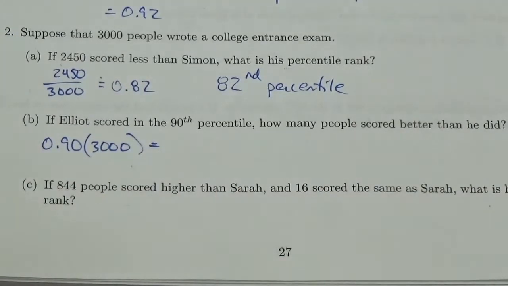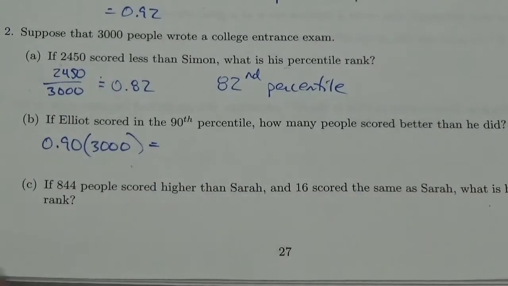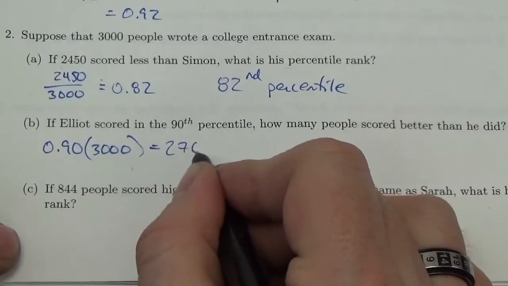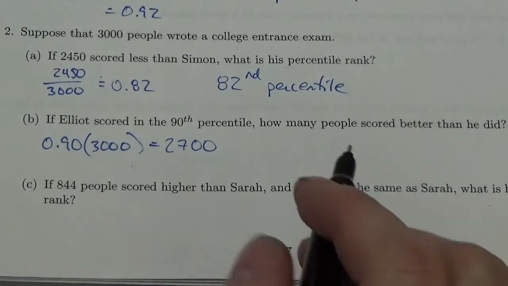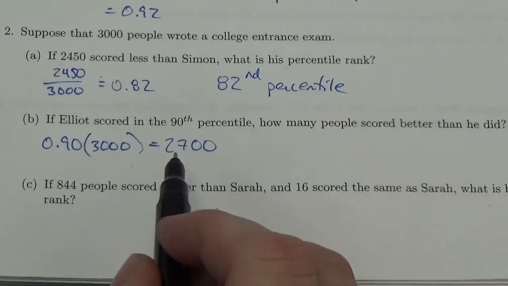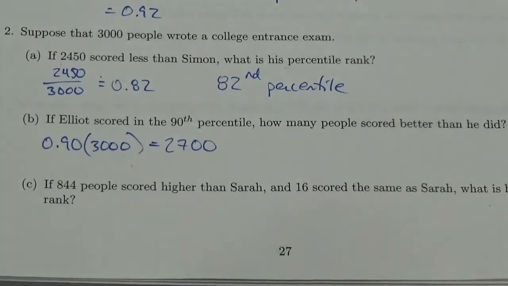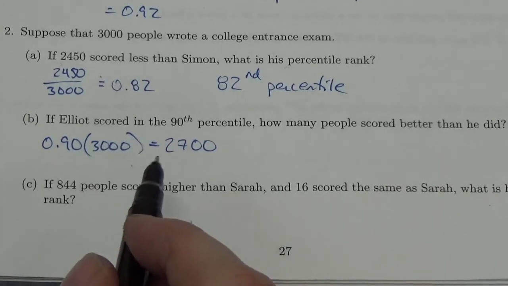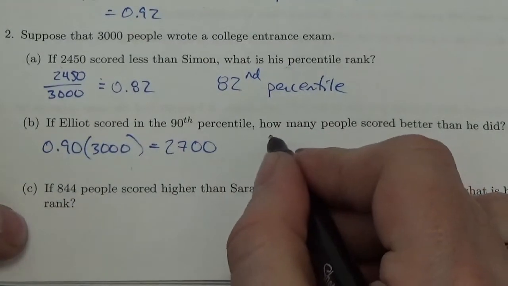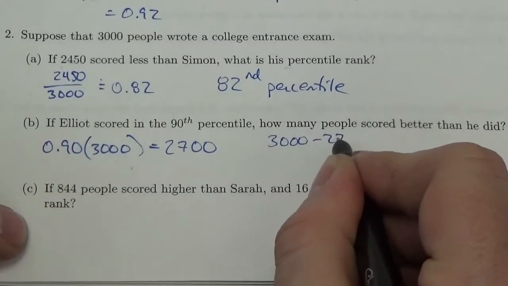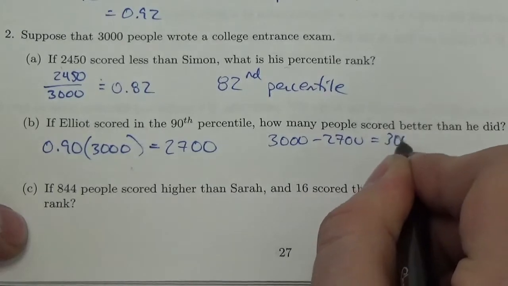Let's figure that out. 0.9 times 3, 1, 2, 3. So he did better than 2,700 people. But the question is, how many people scored better than he did? We know there's 3,000 people there. So if I take 3,000 minus 2,700, I get 300 here.